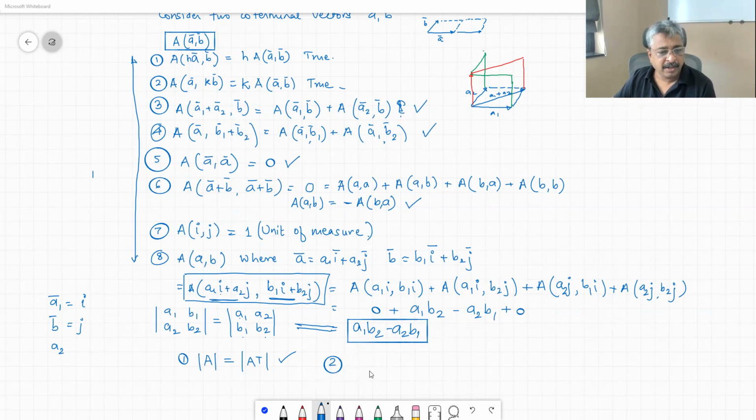Second property, if you change one row, I mean, we have only two right now, so let me do it like this. Maybe in this, if I write B1, B2 followed by A1, A2, we flip the rows. If you flip the rows, then the sign changes.